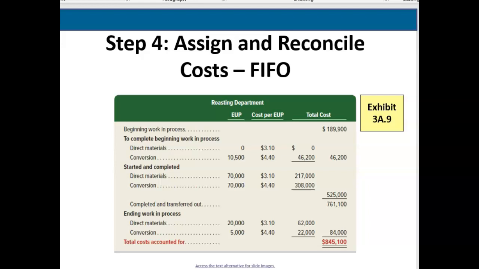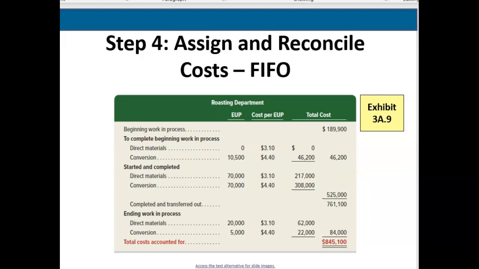The EUP from Step 2 and the cost per EUP from Step 3 are used in Step 4 to assign costs to A, units that the roasting department completed and transferred out to the blending department, and B, units that remain in process in the roasting department.